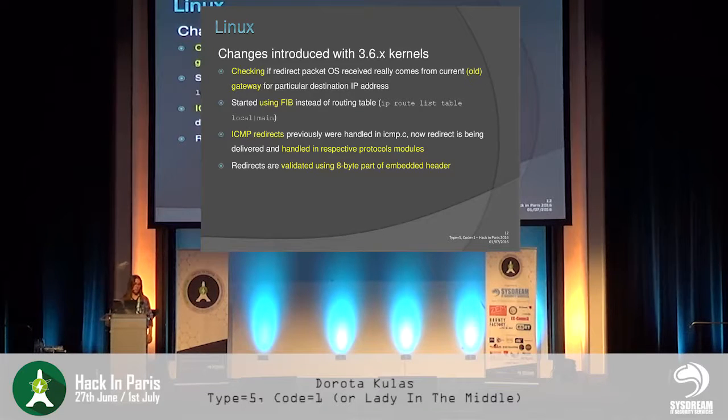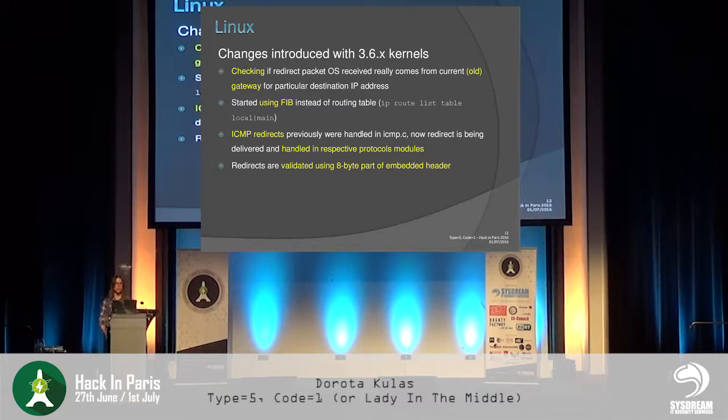And I think the most important difference was that previously all ICMP redirect packets were handled by the ICMP module in the Linux kernel. Right now, this module will deliver the ICMP redirect packet and hand it over to the respective higher-level protocol modules: TCP, UDP, SCTP, whatever, like layer 4 protocols.